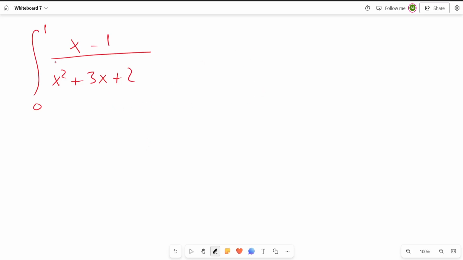Go check it out. So the first step is to make sure that the numerator and the denominator are no longer factorizable. The numerator is not factorizable, however, the denominator, I can still factorize it more. So this is going to equal integration from 0 to 1 of x minus 1. I can factorize this. This is a quadratic.